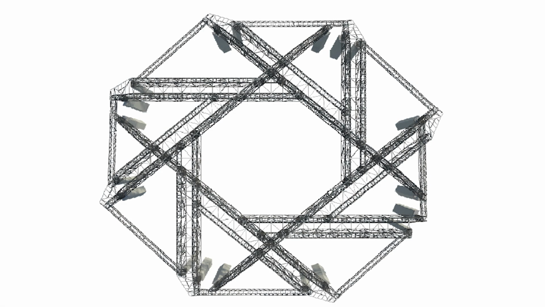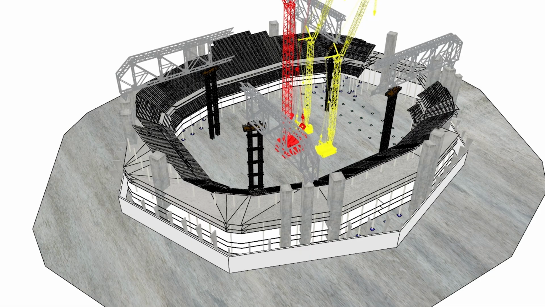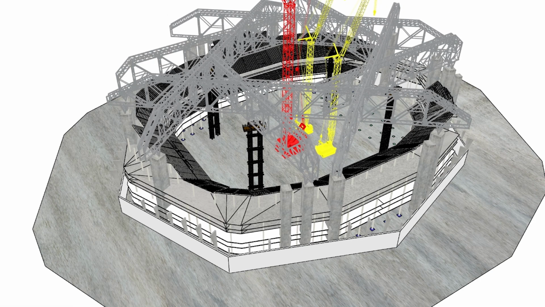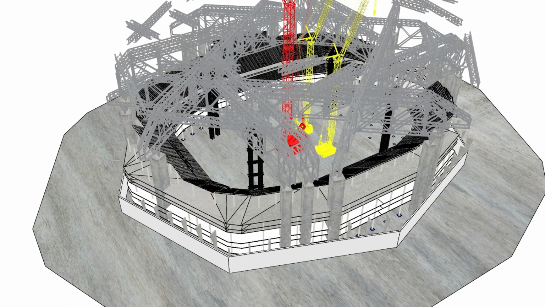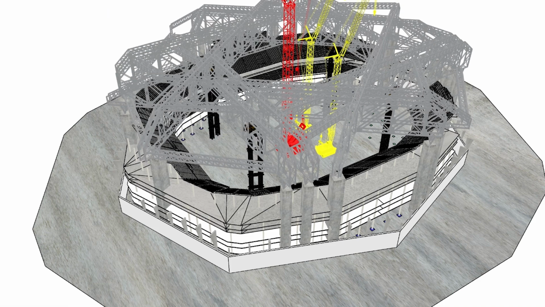The installed primary trusses were subsequently connected by secondary trusses in a sequential manner. The secondary trusses were also lifted by cranes and precisely secured between the main trusses. As a result, the overall truss system formed a closed octagonal frame, completing the geometric integrity of the structure.